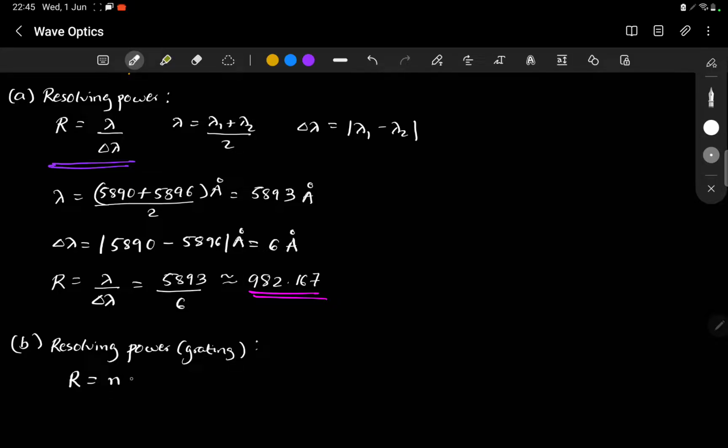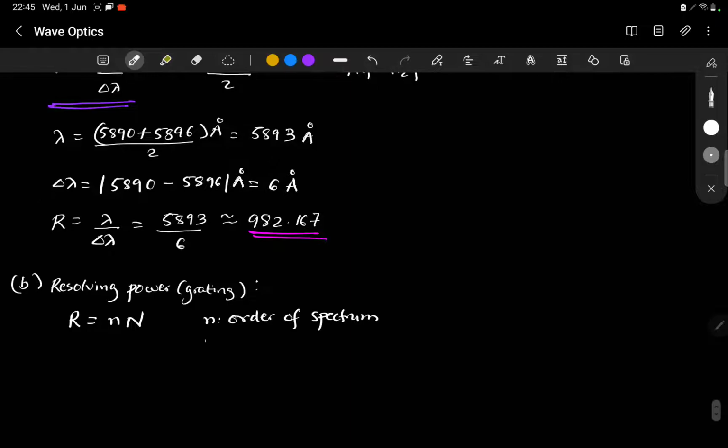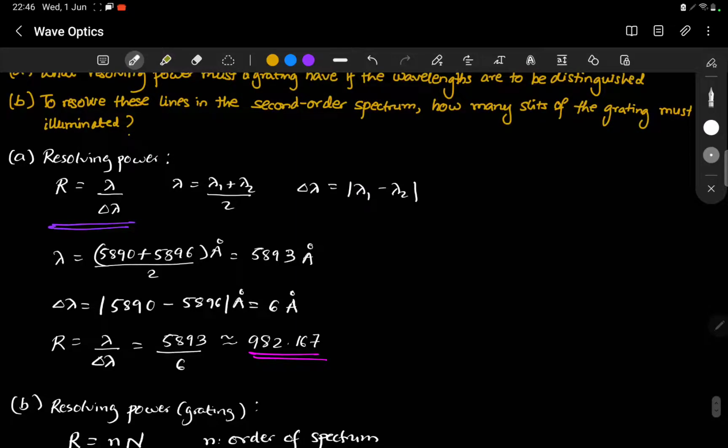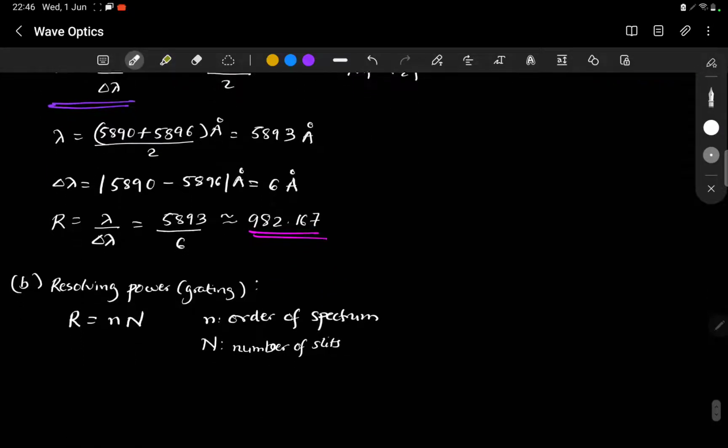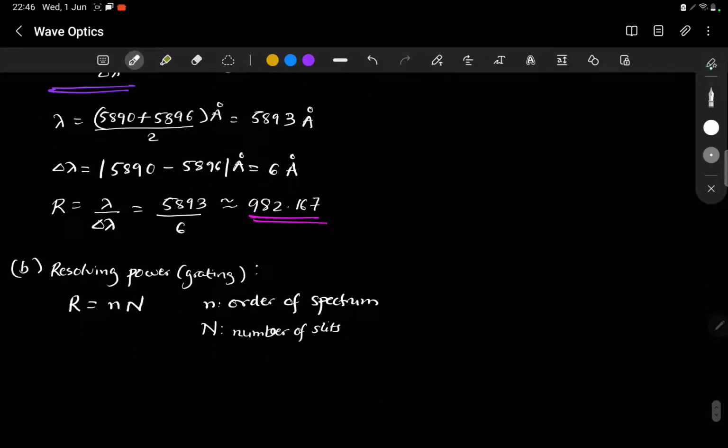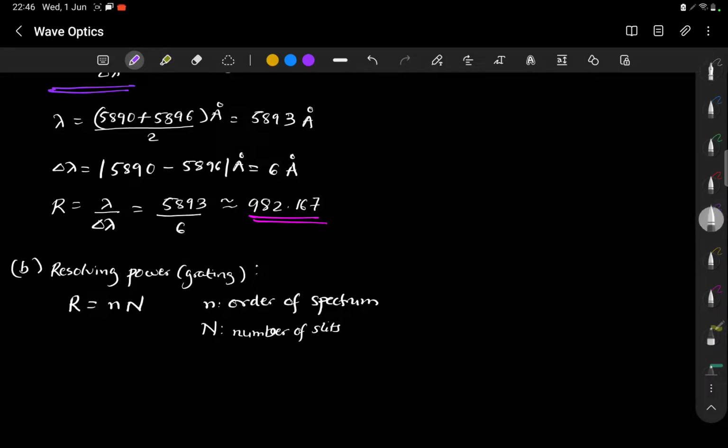This is another definition, R equals n times N. Here small n is the order of spectrum and capital N is the number of slits or number of lines illuminated in the grating. So this is another definition of resolving power.